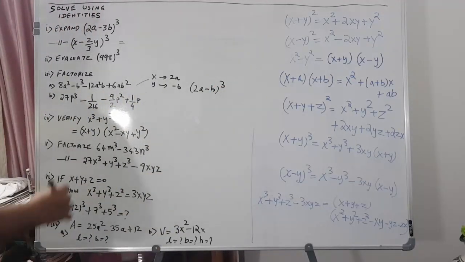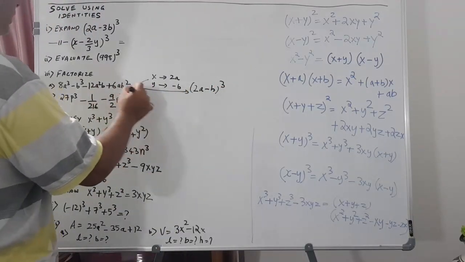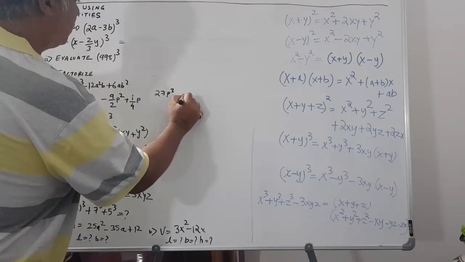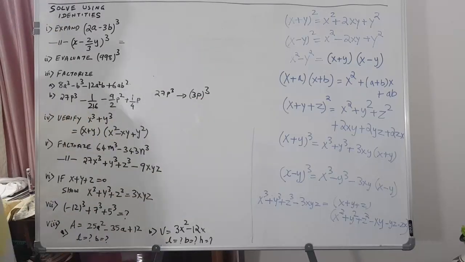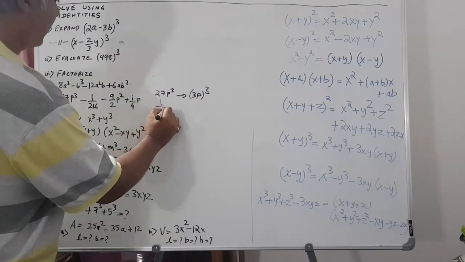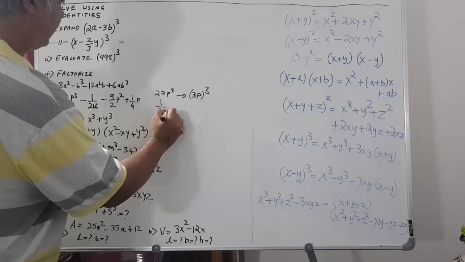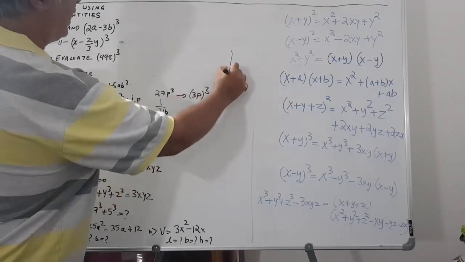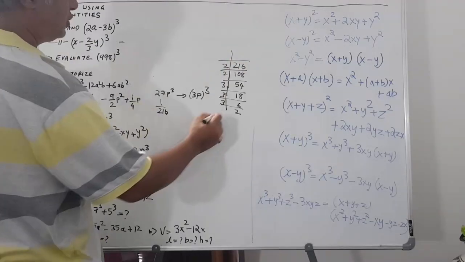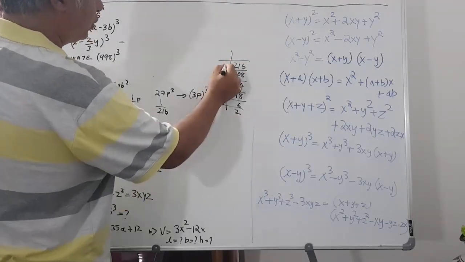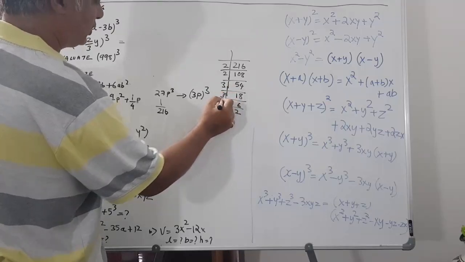Okay, that is the factored form of this equation, which is equal to (3p) whole cube, and 1 by 216. If I take 216 and start factorizing it, I'll get 2 into 2 into 2 into 3 into 3 into 3.